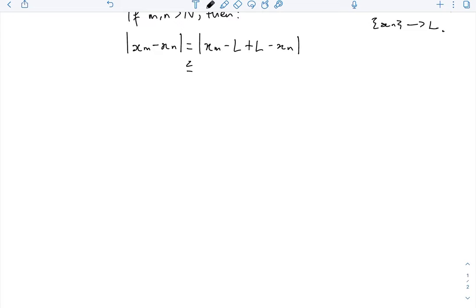In general, when you have the absolute value of a plus b, that is less than or equal to the sum of each absolute value.